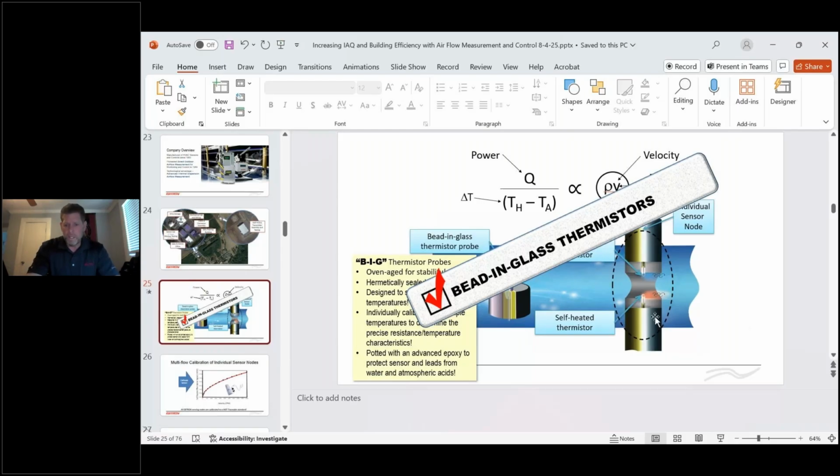The whole idea of the sensing node is we did not invent the bead glass thermistor. What we figured out is how to utilize it for airflow measurement. So we take two bead glass thermistors, we put them in a sensing node. We heat one of the thermistors to a certain level. We put current through it.